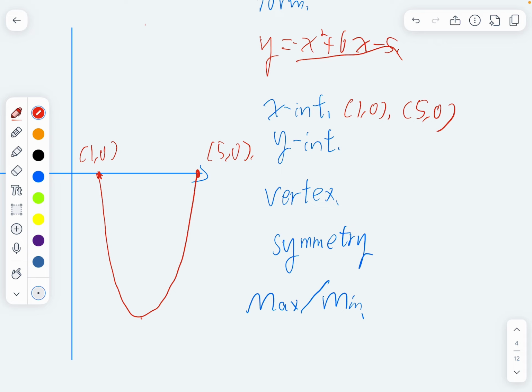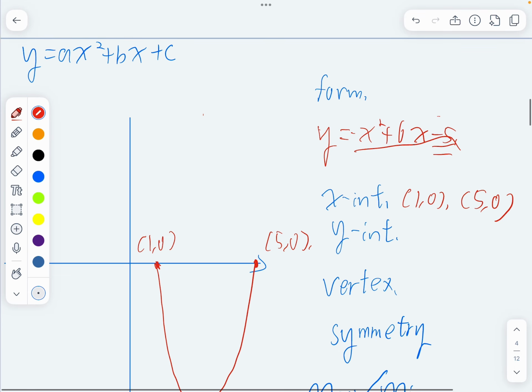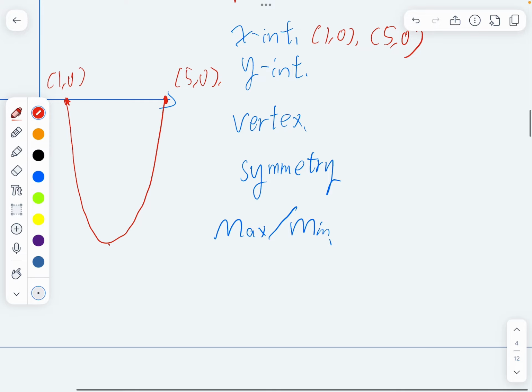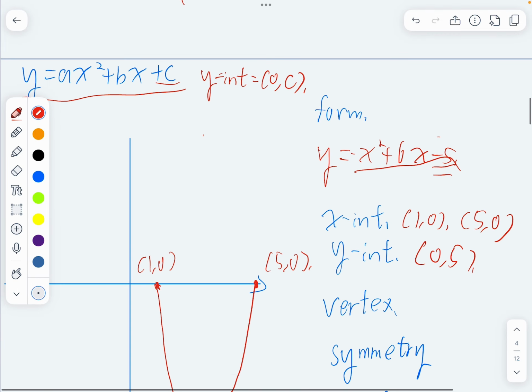For the y-intercept, we follow the graph. It depends only on c. For the general form, the y-intercept is (0, c), so the y-intercept is (0, 5). You can draw the graph; this point is 5.